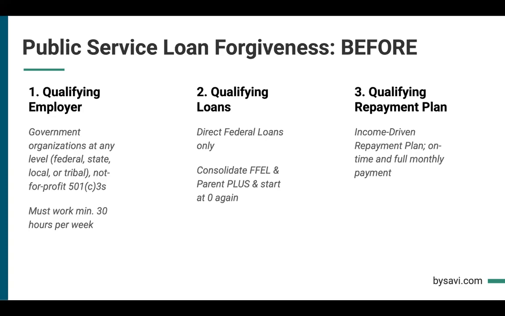In any given calendar year of 12 months, the maximum amount of PSLF credits you can receive is 12. Okay, so if you need to get to 120, you can only get 12 credits a year. You do the math, right? That's 10 years at the earliest that you could achieve forgiveness. Okay, and that's if you are making those payments consecutively, which again, you don't need to.